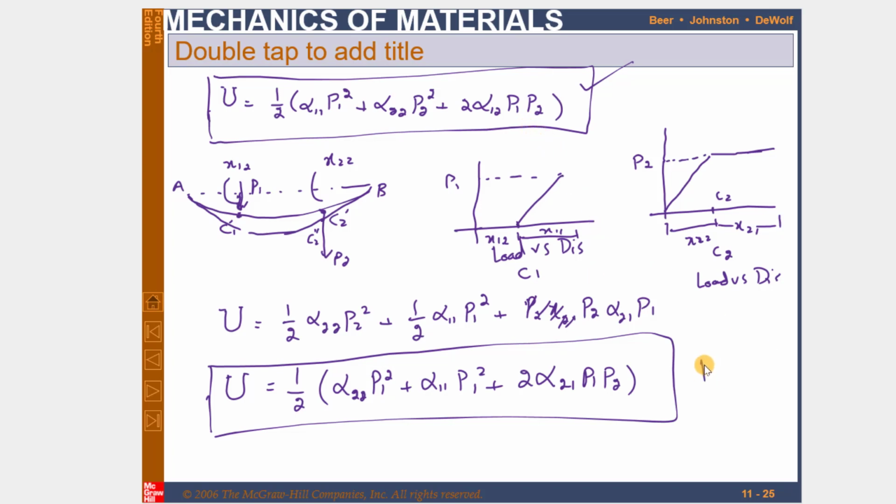So according to Maxwell reciprocal theorem, A12 is equal to A21. So both scenarios give you the same strain energy.